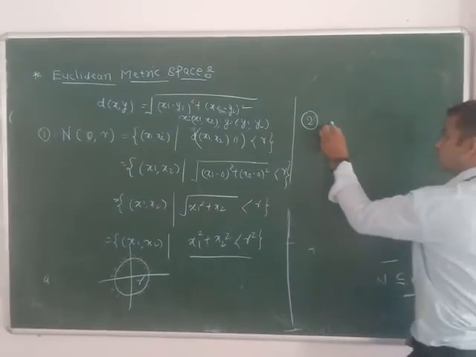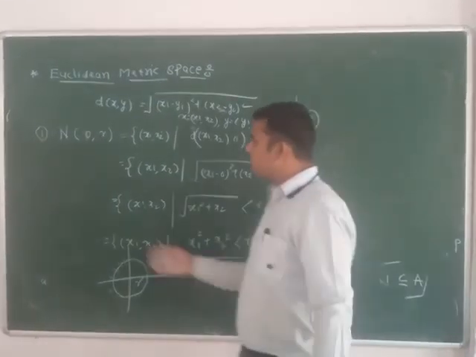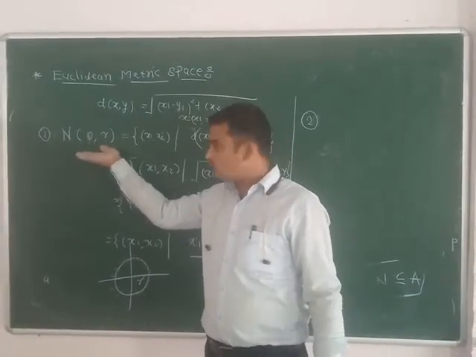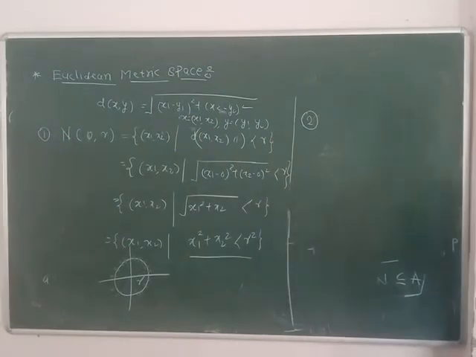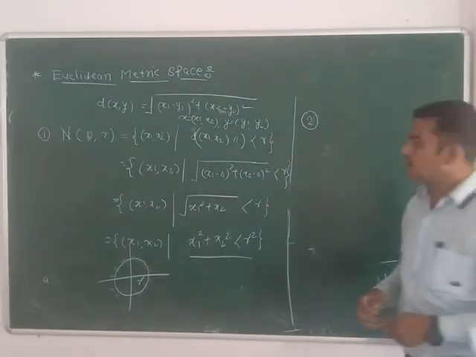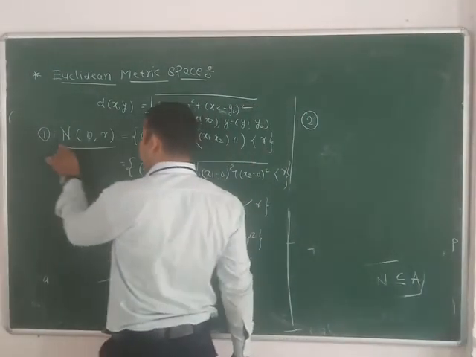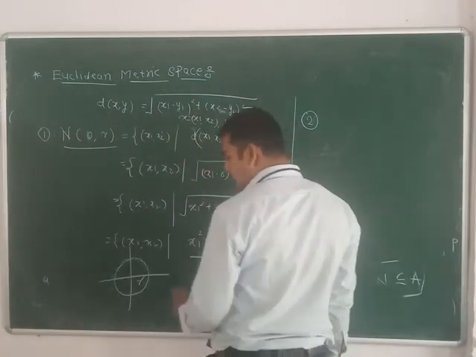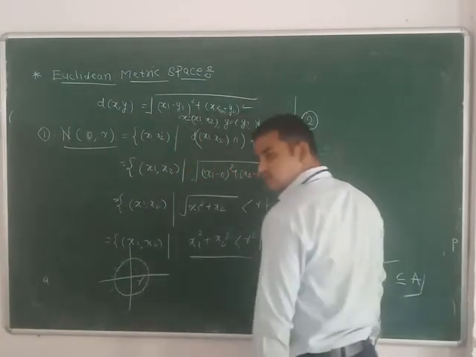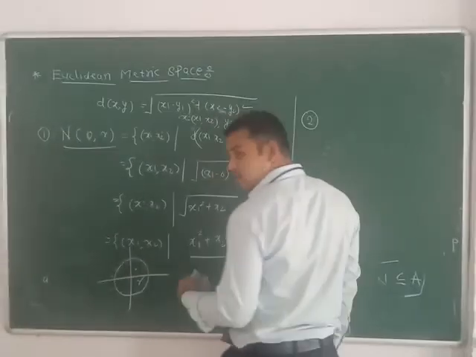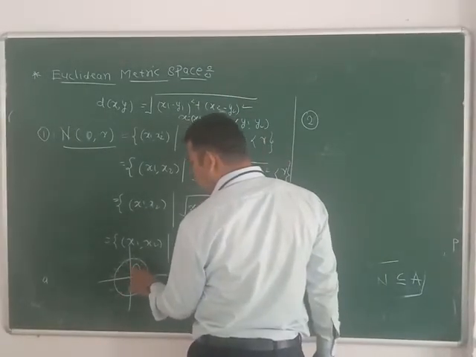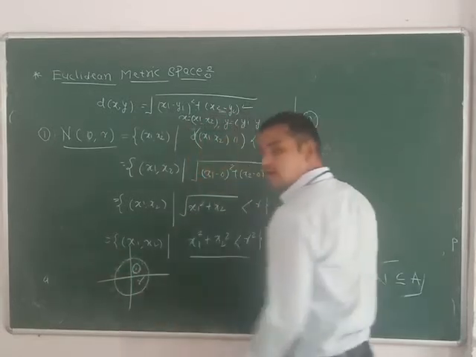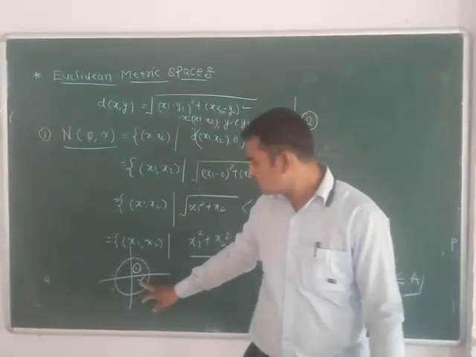Now the open set example. Suppose this is a neighborhood of this point O. You can consider a neighborhood as an open set, because if I take any point of this set, I can choose r such that there exists an open ball completely lying in this set.